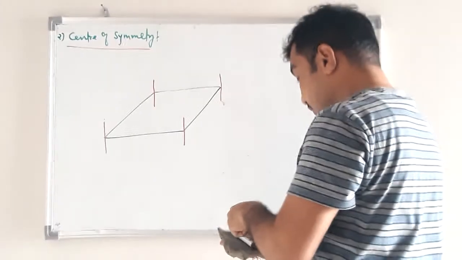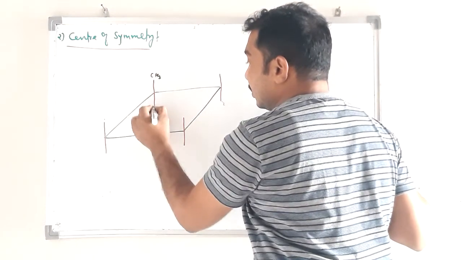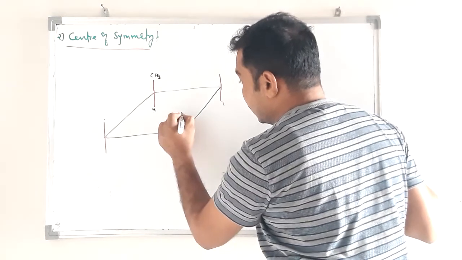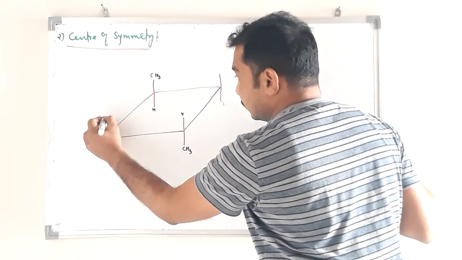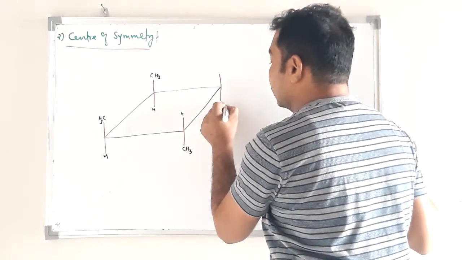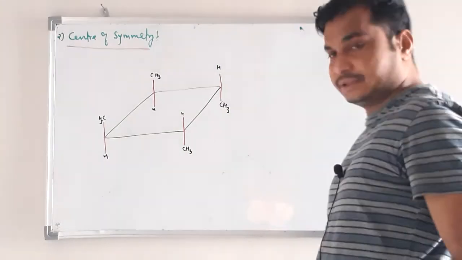Now here, methyl hydrogen, methyl hydrogen, methyl hydrogen, methyl hydrogen. So this is one of the organic examples.